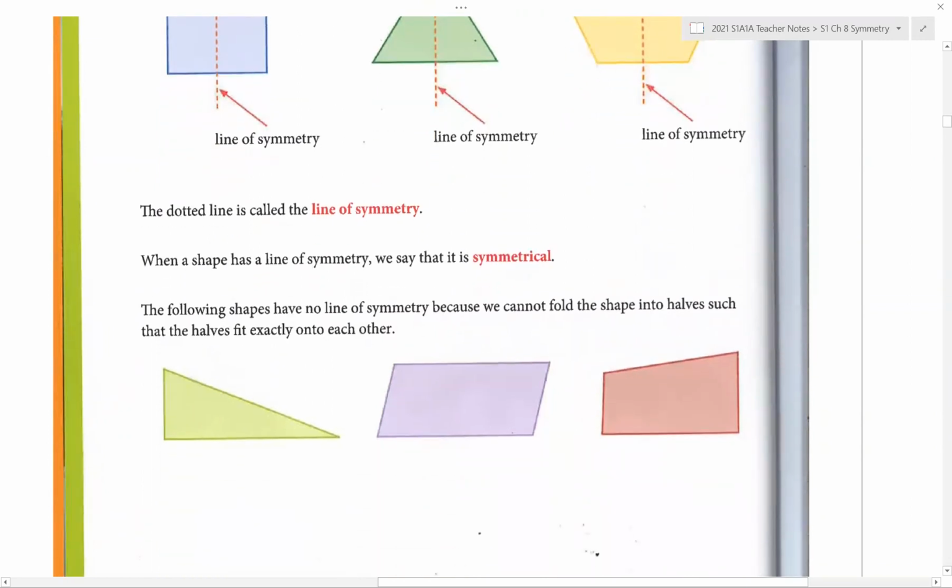And what about the three other shapes shown at the bottom of the page? For example, the green triangle over here, is there a line of symmetry? Is there any way that you can fold this triangle such that you get two exact same halves? Is it possible? Diagonal, is it? This way? Then which way?